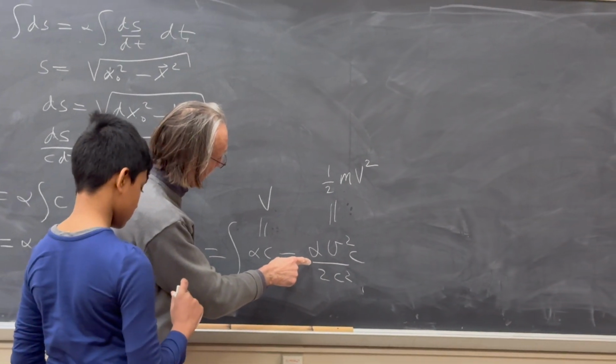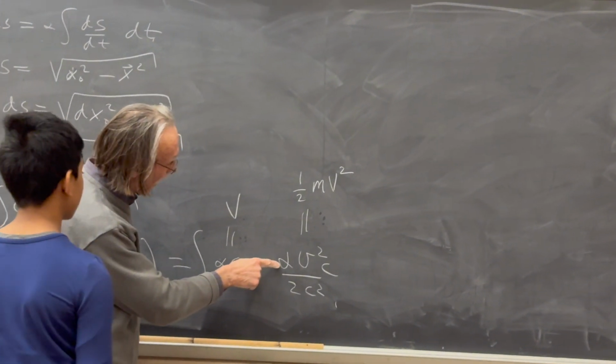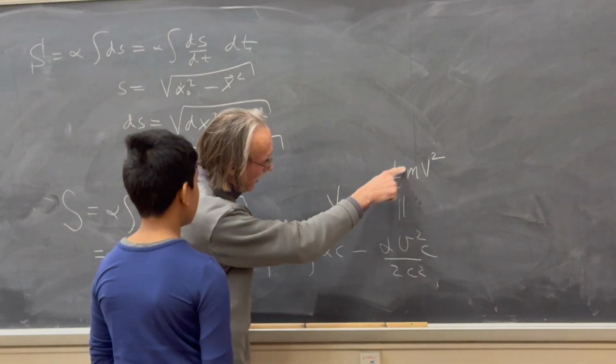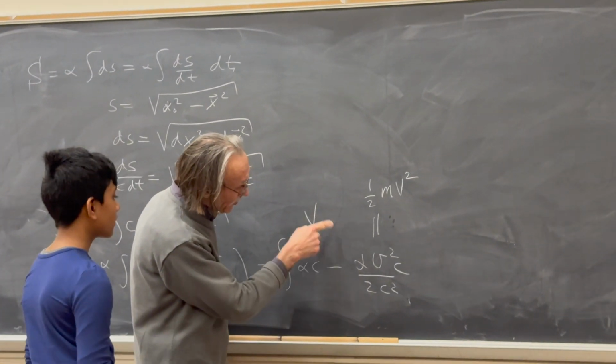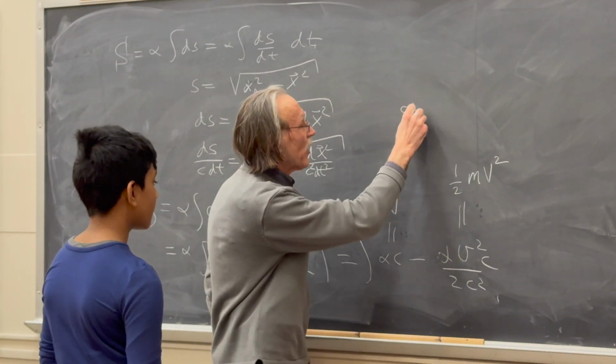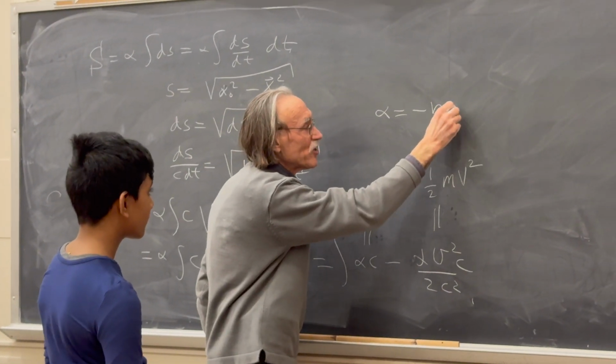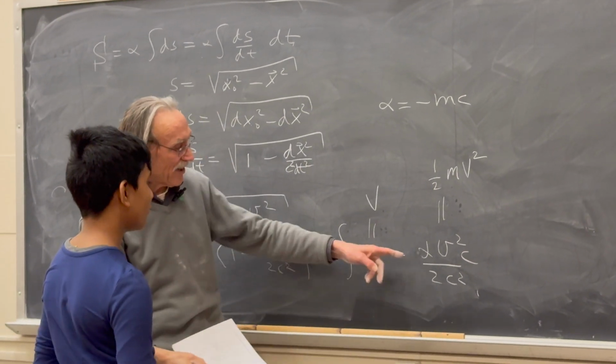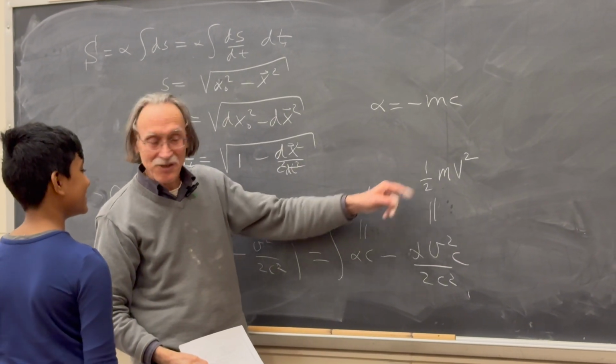So that means that if you choose alpha equal to m, then you get that. And there's no c in it. So alpha is, and there's a minus sign, so alpha is equal to minus mc. If you put that, we get exactly 1/2 mv squared.